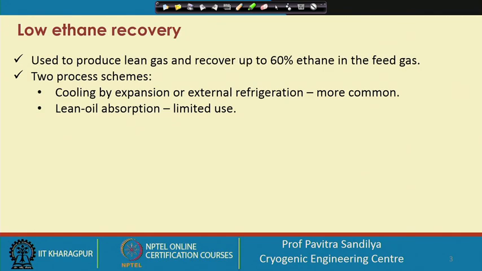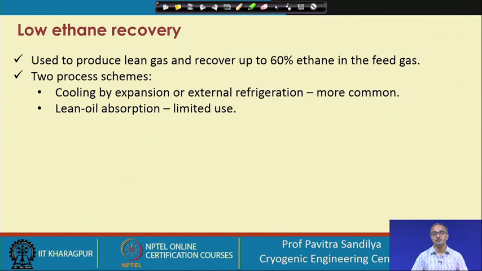Now, when we talk of the low ethane recovery, what we mean is that we want to recover about 60% of the ethane that is present in the original feed gas, and this way we can produce a lean gas. Lean gas means that it has less ethane than the original one.